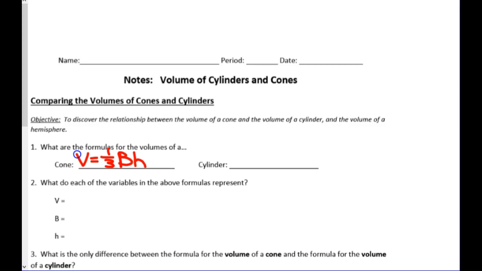We're all writing this down. And then for cylinder, it's similar, but V equals BH. So we got 1/3 BH, and then we got BH.